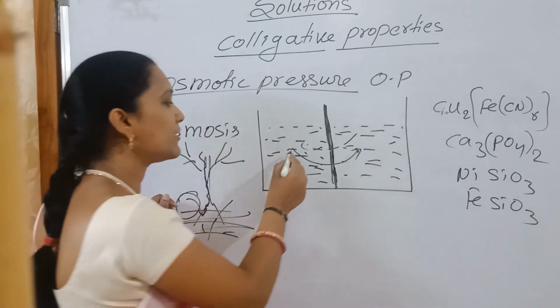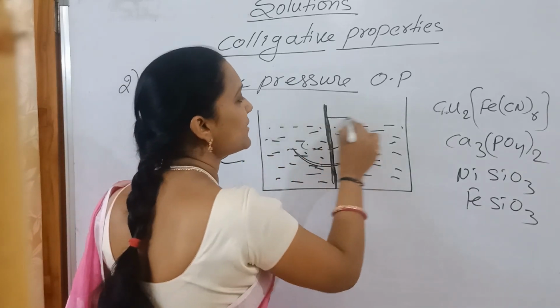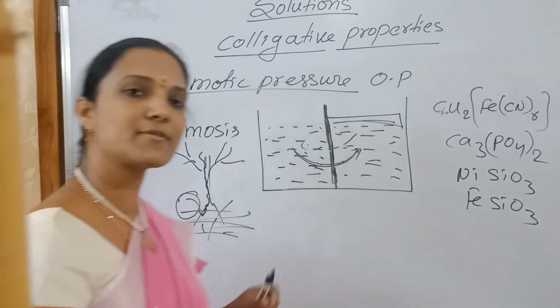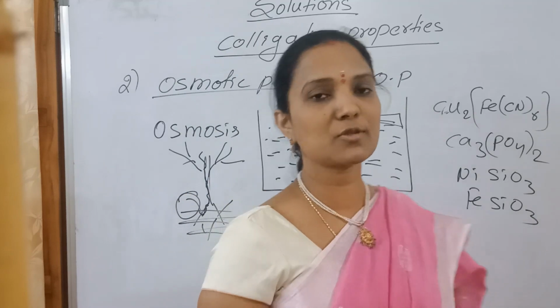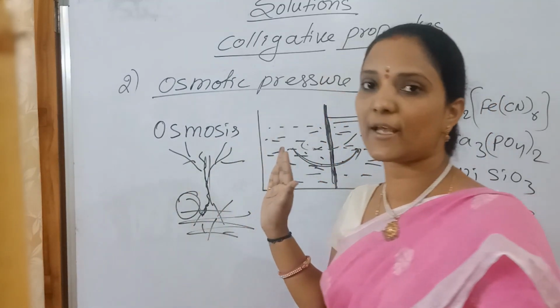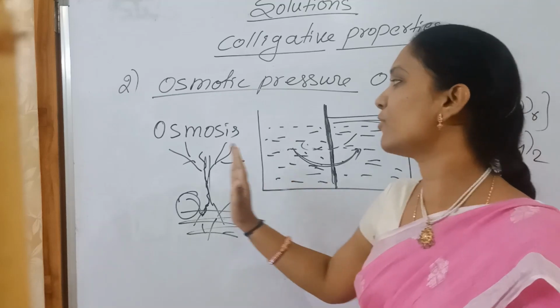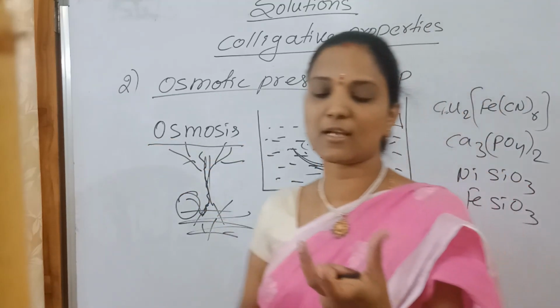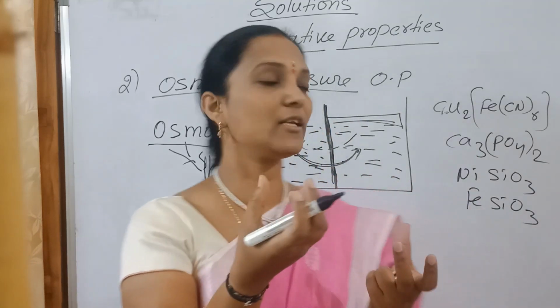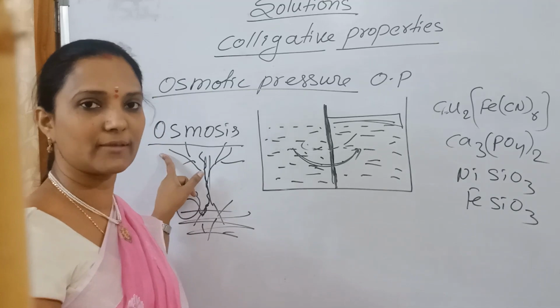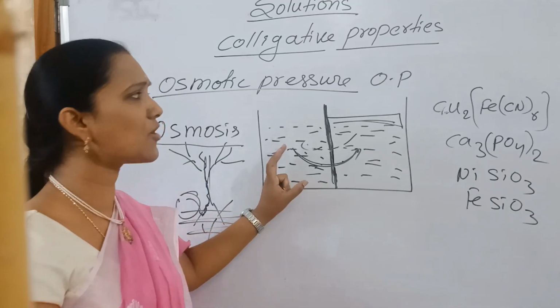After some time, the level here increases. So the flow of solvent from dilute solution to concentrated solution through a semi-permeable membrane is called osmosis. Flowering also happens because water enters, and that is also based on osmosis only.